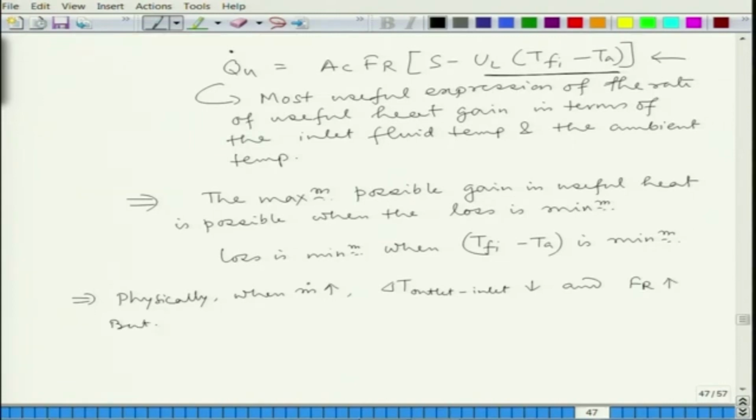But this increase is limited by F prime, right. So, this is the collector efficiency factor.